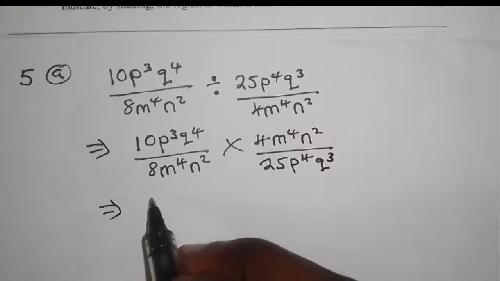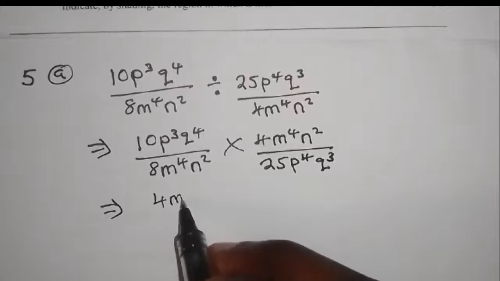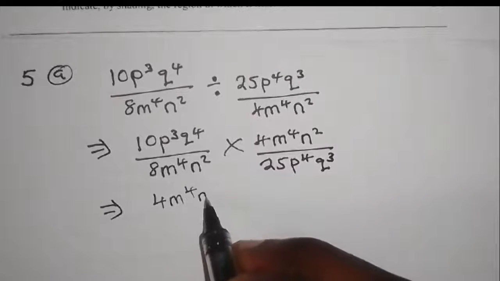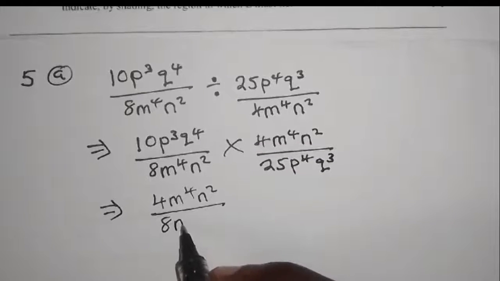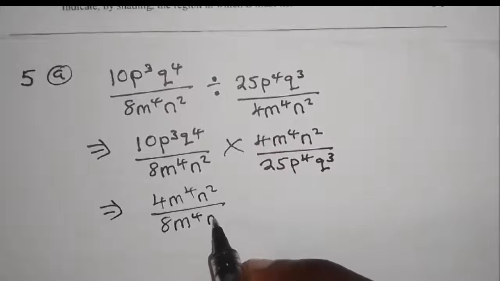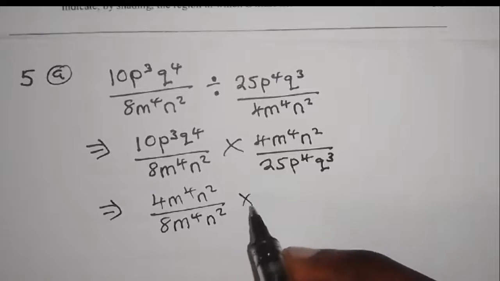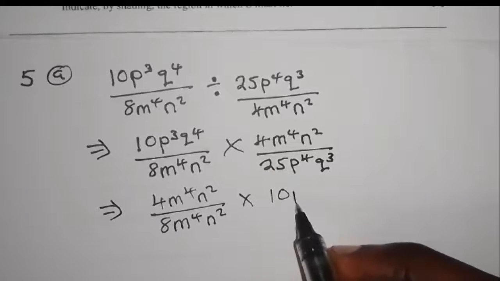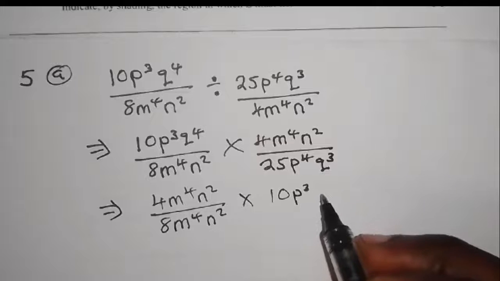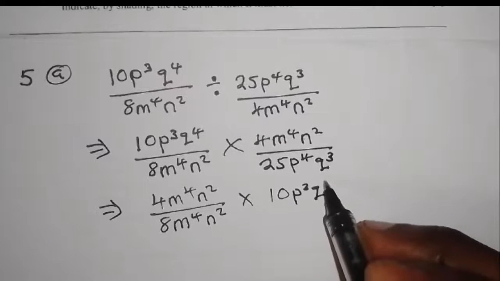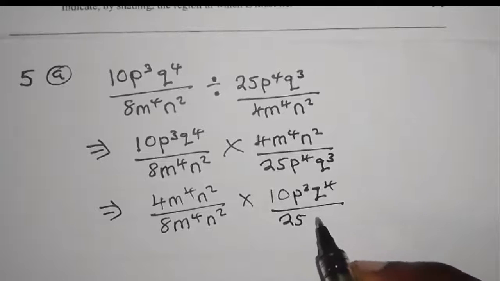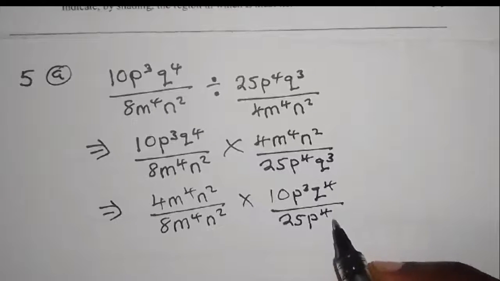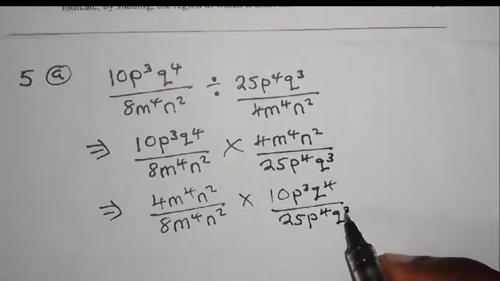Okay, so we are going to have 4 this over 8 multiplied by, and then this 10 comes this side. So we are just trying to exchange the places so that you understand what is going on.